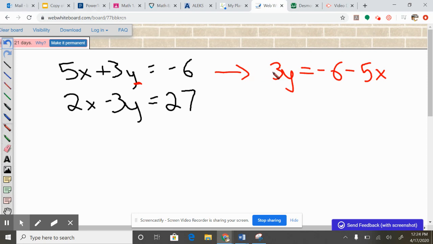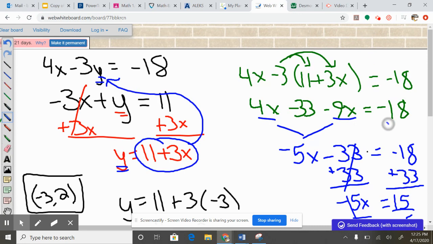Now, y is still not alone because I have the 3, so I'm going to divide both sides by 3. Everything gets divided by 3, so I get y equals -6 over 3 is going to be -2. And -5x over 3 is going to be -5/3 x.